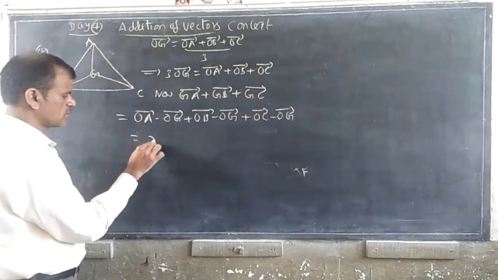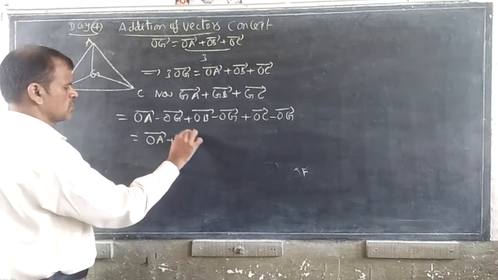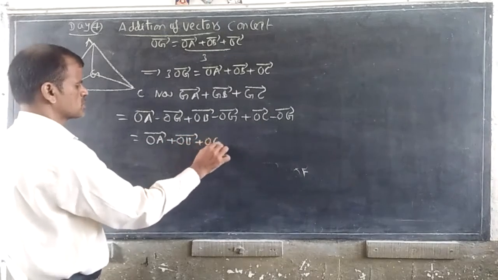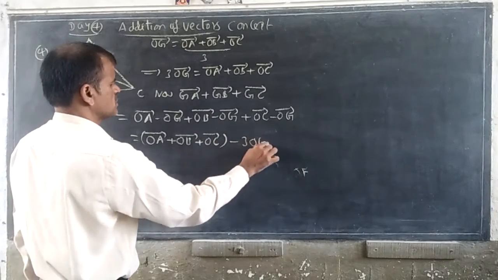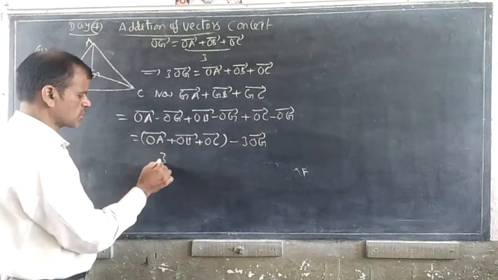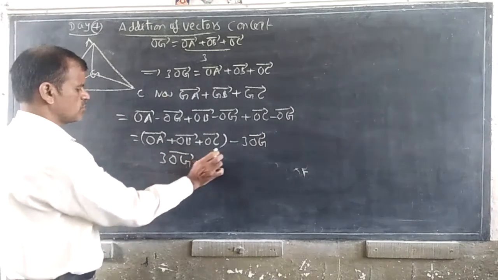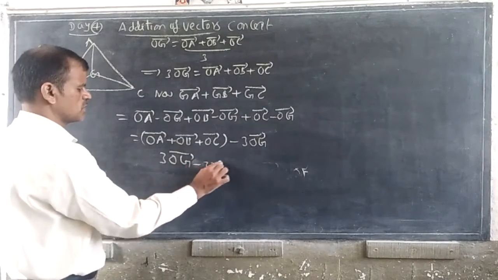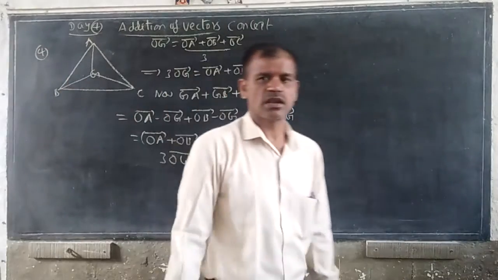So now you can write OA plus OB plus OC minus 3OG. What is the value of OA plus OB plus OC? Here we got 3OG. 3OG minus 3OG is equal to 0, or it is called a null vector.